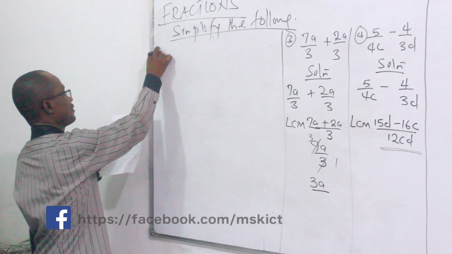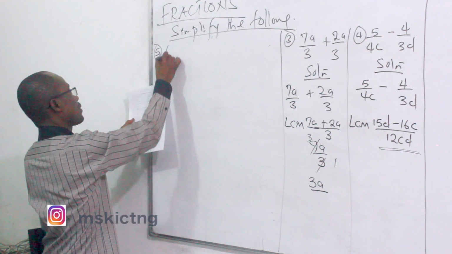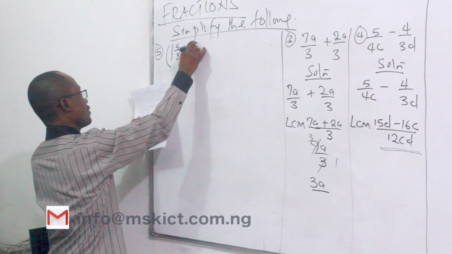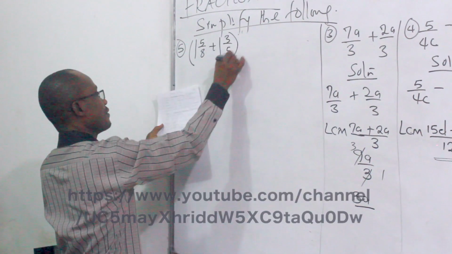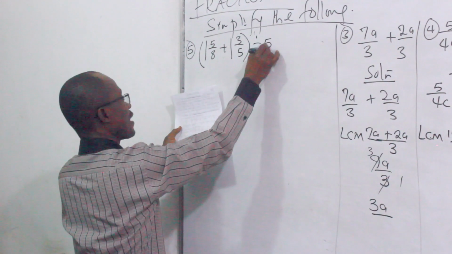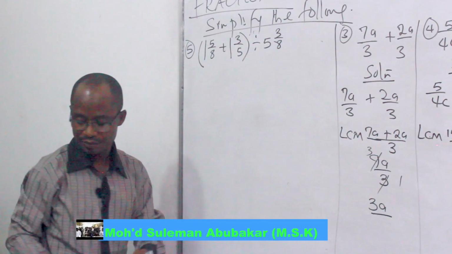Example 5. We are asked to simplify bracket 1 whole number 5 over 8 plus 1 whole number 3 over 5, divided by 5 whole number 3 over 8.